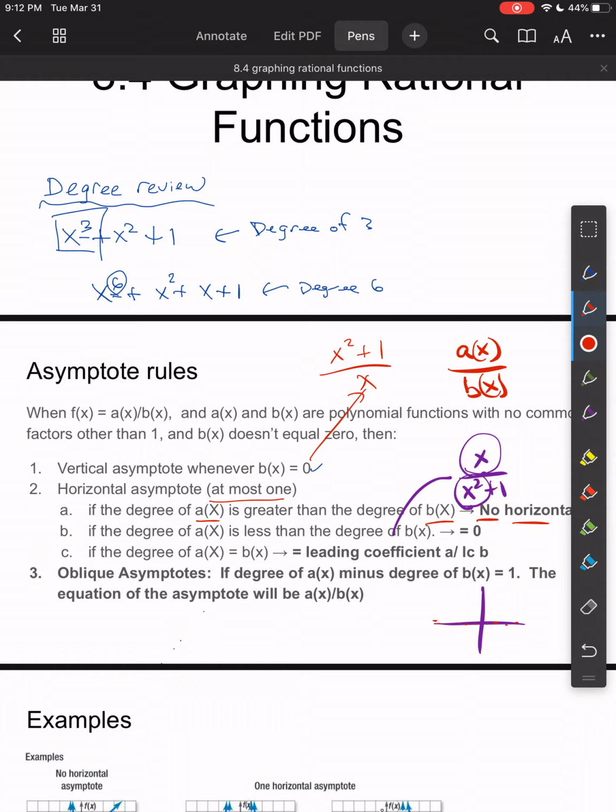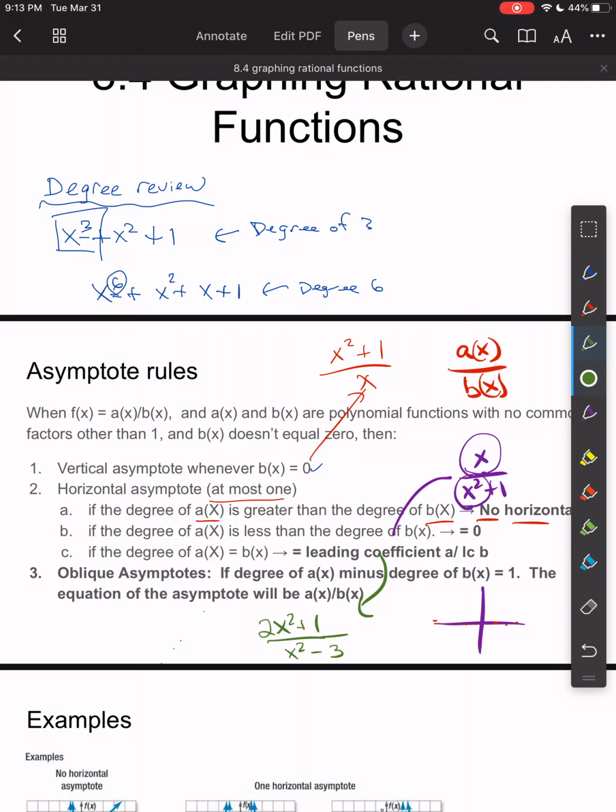Then the third possibility is if the 2 degrees are equal, then we look at the leading coefficients. So let me give you an example for that because that could be confusing. If the degrees are the same, let's say we have x squared plus 1 over x squared minus 3, and actually let's change this up a little bit.